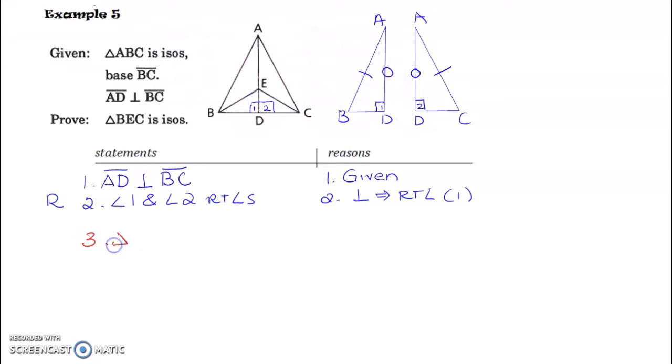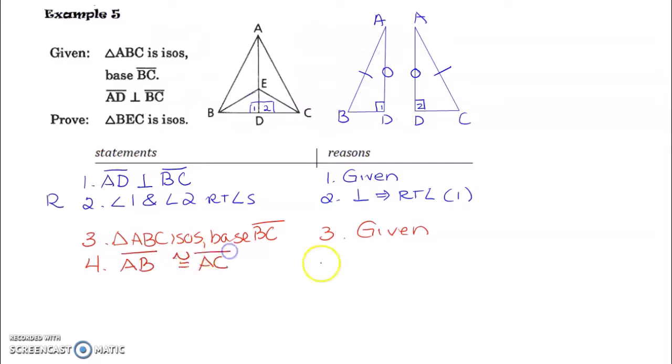So we are given triangle ABC isosceles with base BC. So that means that AB is congruent to AC, because if you're given an isosceles triangle, then you have at least two congruent sides or segments. So that's my hypotenuse.